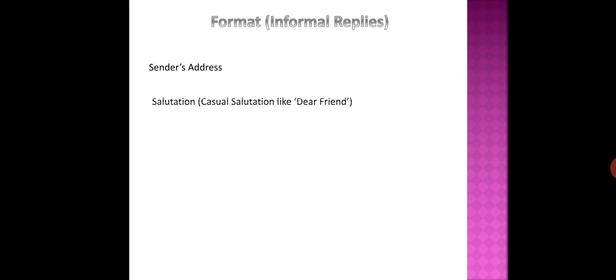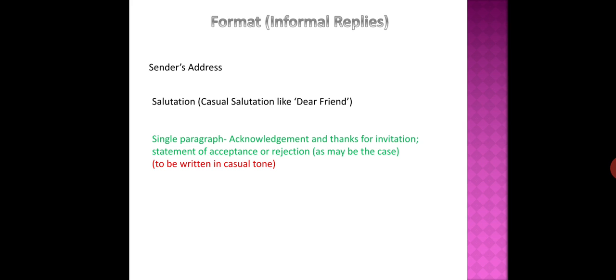Now informal replies, the format: sender's address, then salutation, single paragraph. Just to remind you once again, yours sincerely. So only sender's address is to be written there, receiver's address is not required.